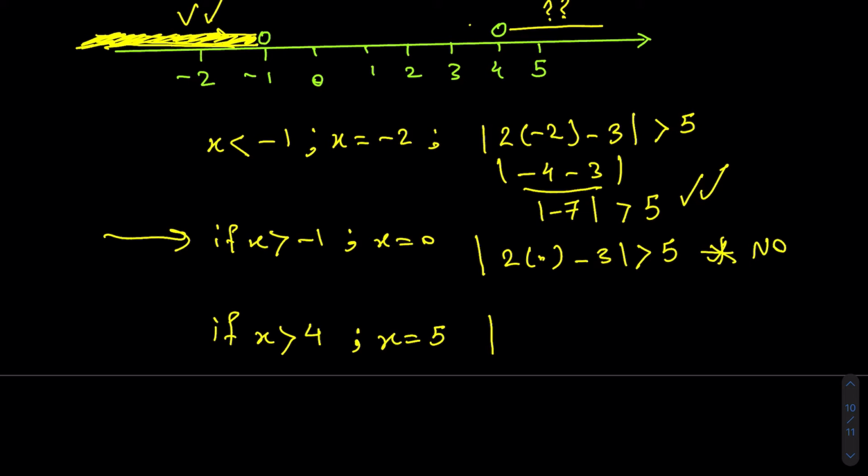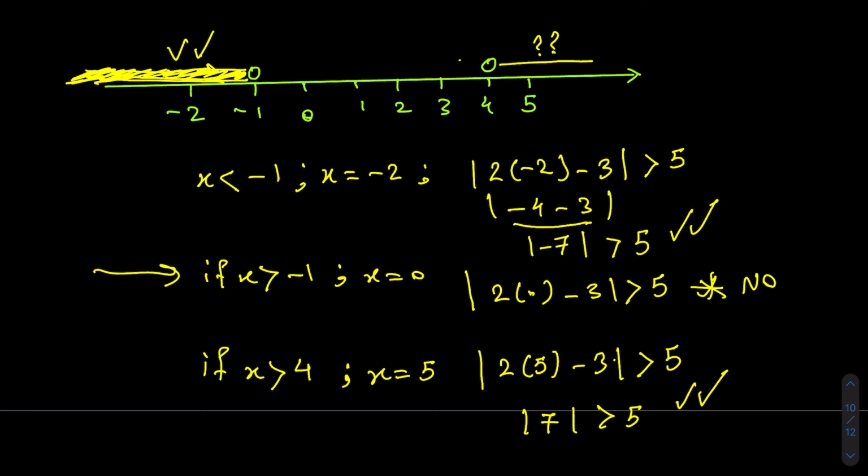I will substitute it in the original inequality. The absolute value of 2 times 5 minus 3 is larger than 5. Is it correct or not? It will be the absolute value of 7 larger than 5, and that is correct. Therefore, here is also the area of the answer. Any number you plug into the original inequality will work.